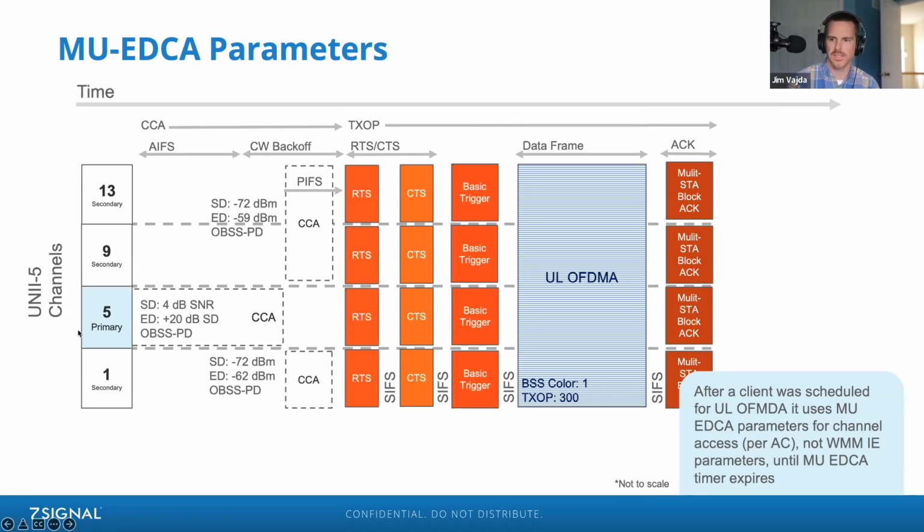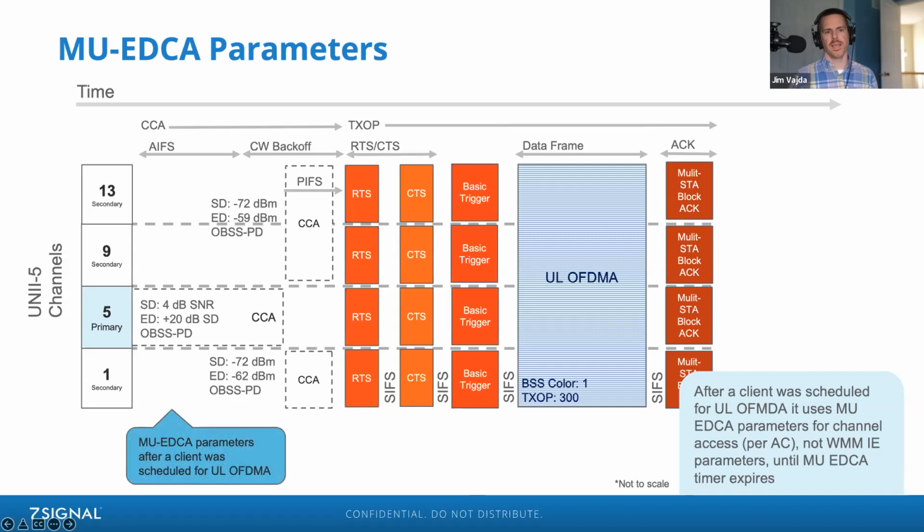But one of the things that happens with uplink OFDMA that's unique to 802.11ax clients is that once they've been scheduled for uplink OFDMA, now they have to abide by a different set of EDCA parameters.